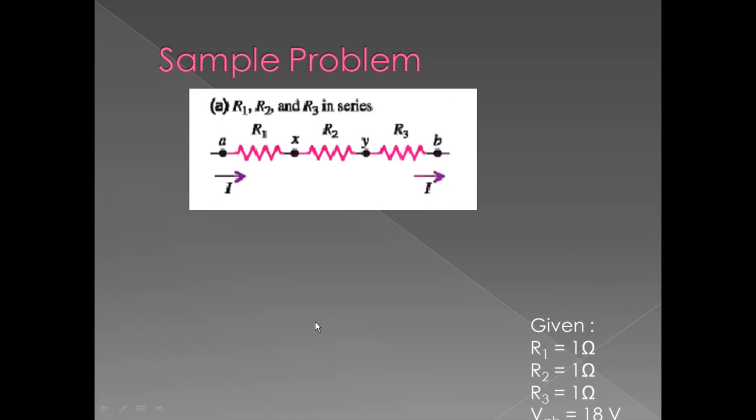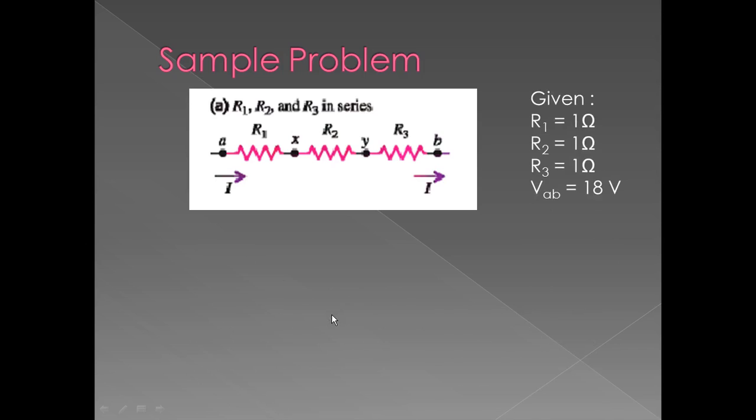So, why is it that the total voltage would come from the sum of the contributing voltages of each resistor? Now, this is the overall idea. The voltage V sub AB provided at the terminals, point A and point B, would serve as the source of the input energy for the entire circuit.